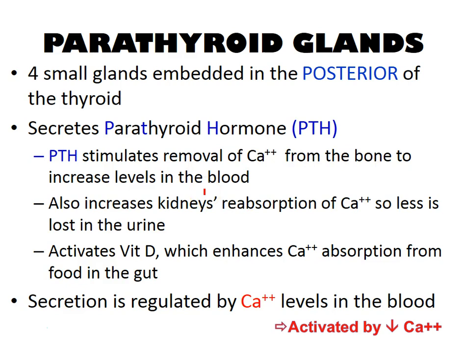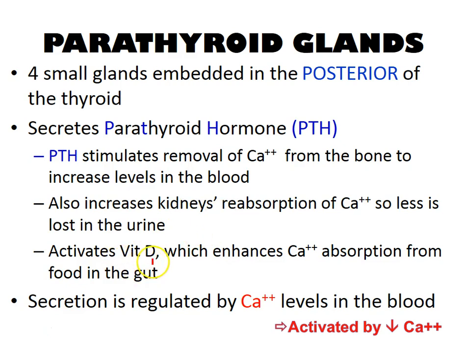So if there are low serum calcium levels in the bloodstream, PTH is activated by that, and it will basically convert calcium that is stored in the bone to go out into the bloodstream and circulate. It also increases the kidney's reabsorption of calcium, so there is less loss in the urine.